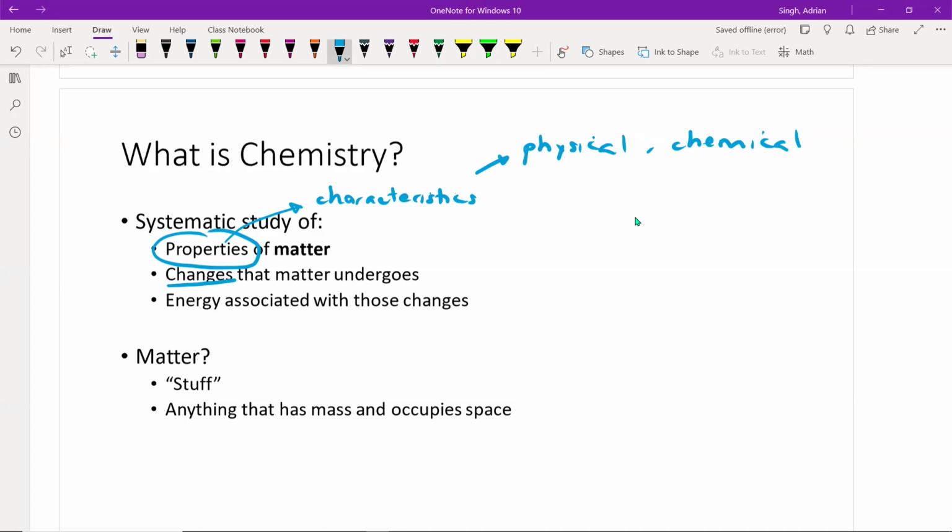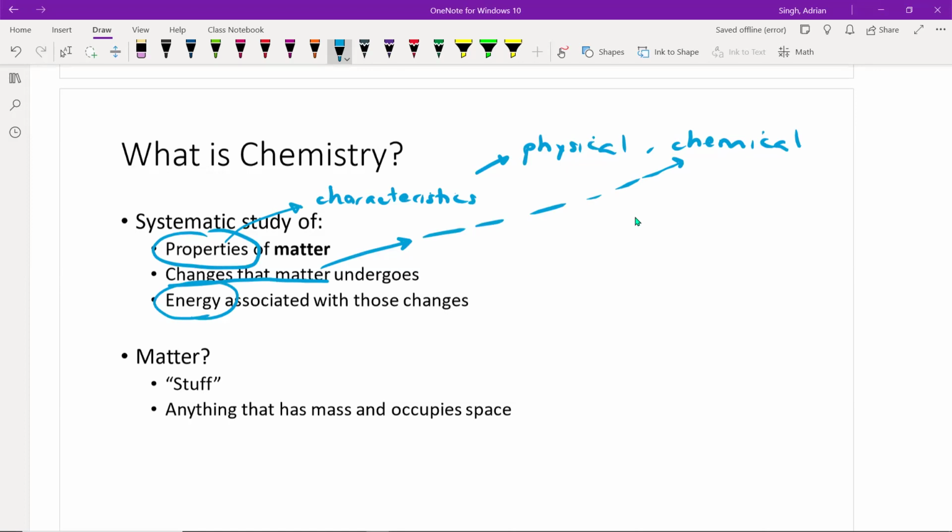The changes that matter undergoes, and again, the changes that matter undergoes, we can trace that all the way back to the chemical properties, chemical changes. And then what often gets overlooked is as matter undergoes changes, there are typically energy changes that are associated with those.